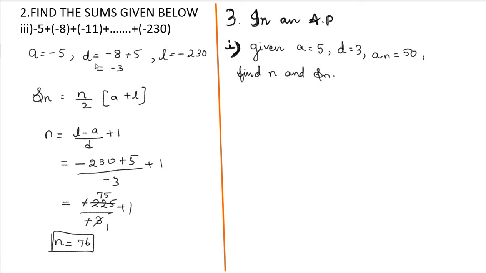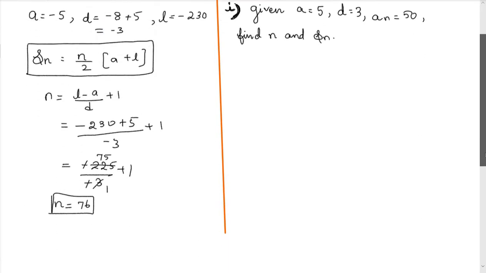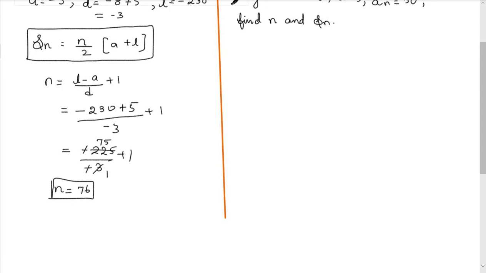So we are going to apply this in the formula. What formula? Sn is equal to n by 2 into (a plus l). Shall we apply that and find? Yes. Listen, children. So we can write S76 is equal to 76 by 2.